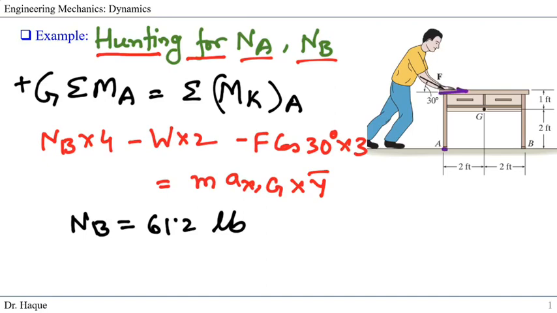So now let's take moment about point A here. We have the Fx component, so Fx cos 30 multiplied by the distance 2 plus 1, so 3, and it's acting this direction. The force Fx is creating a moment in this direction, which is clockwise, so we put negative.